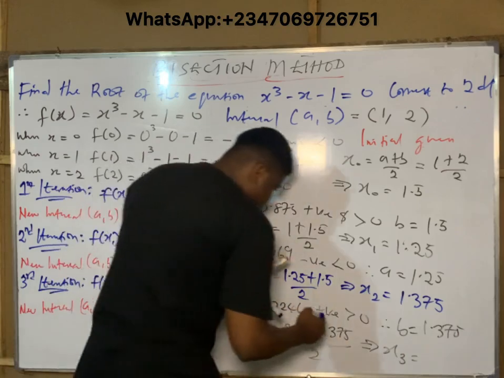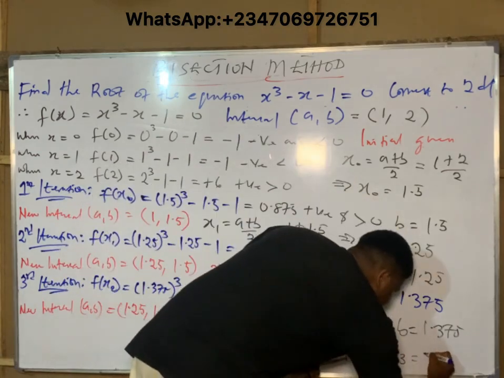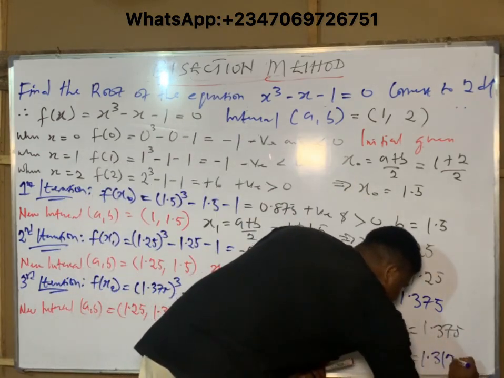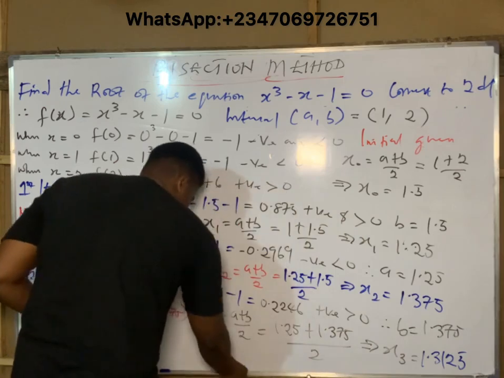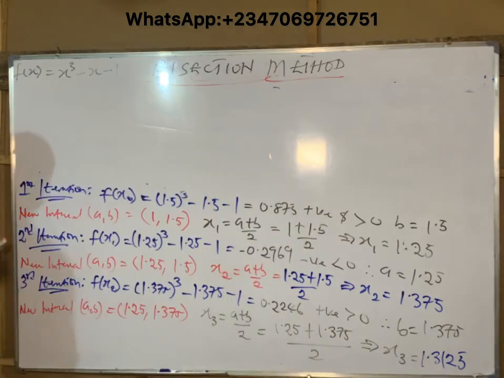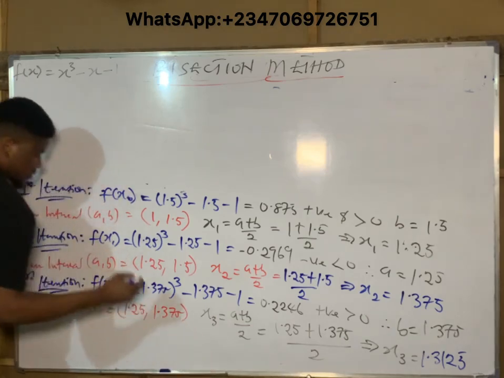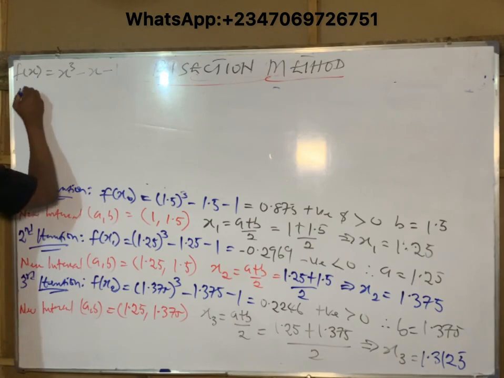So that simply gives us 1.3125 for x3. So having found x3, now we perform the fourth iteration.